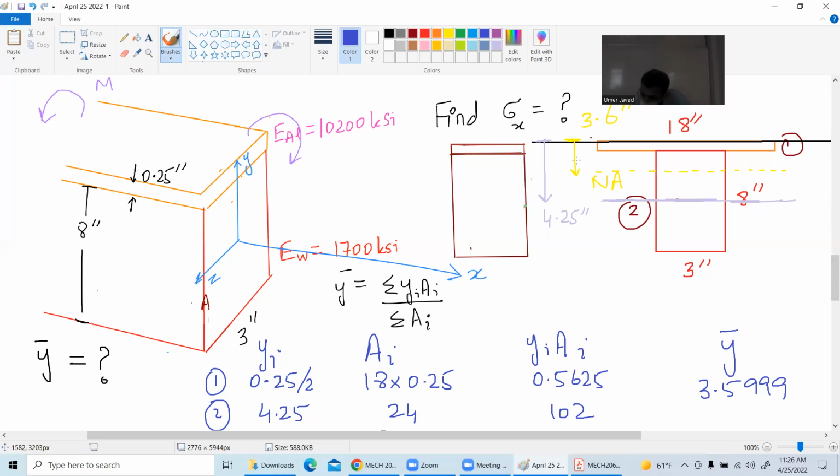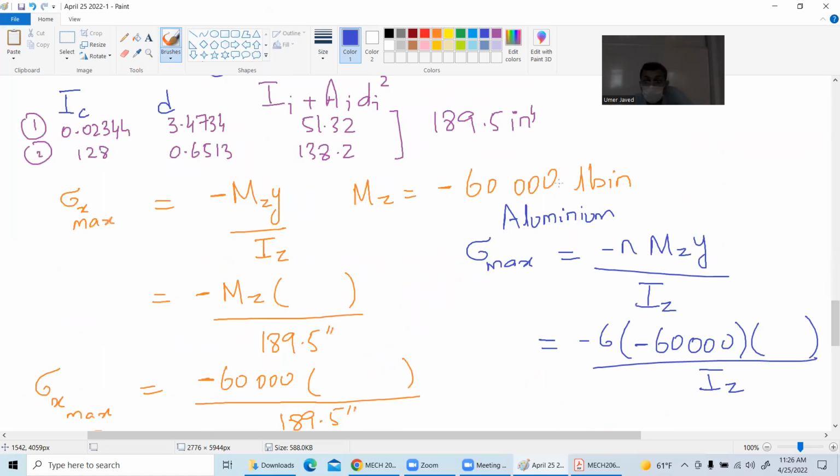So it is 3.6 inches from the top. So for finding the maximum tensile stress on the top surface, I will put a 3.6. And here I will put, I suppose, a negative value.